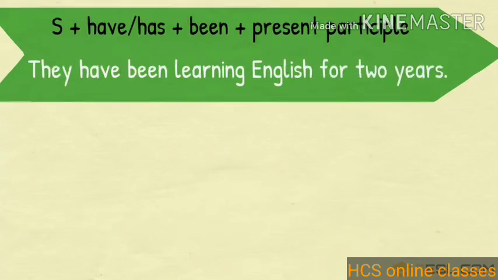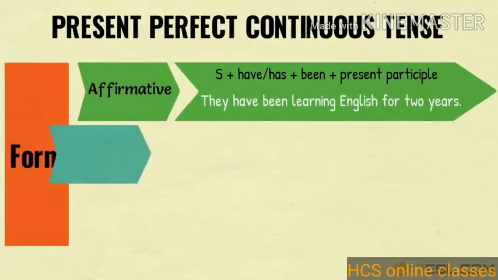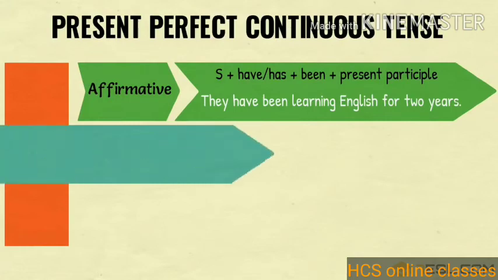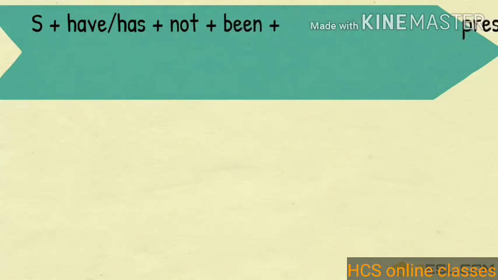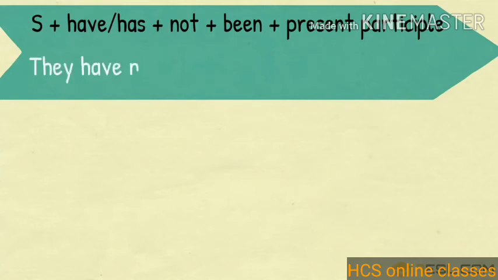For negative sentences, the form will be subject plus have or has plus not plus been plus present participle. For example, they have not been learning English for years.